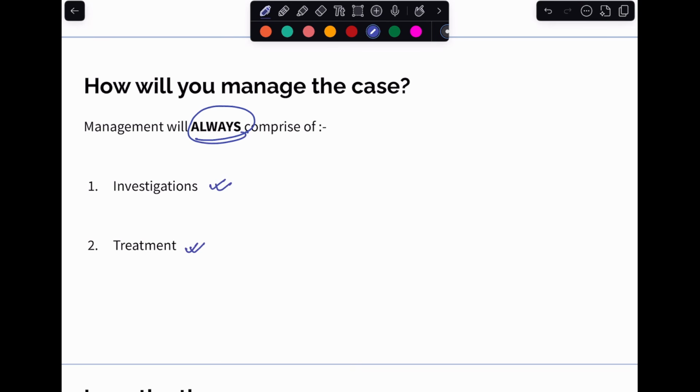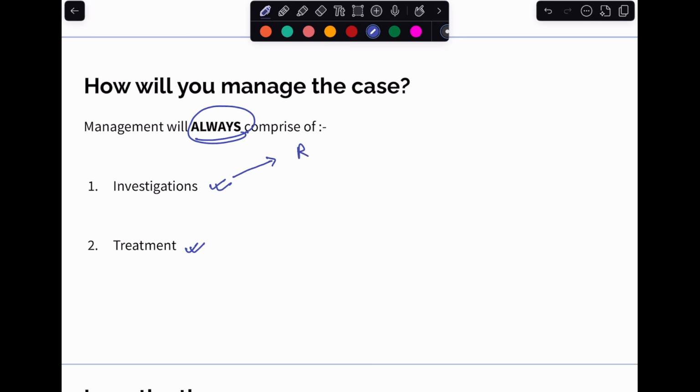So your answer should be, I will perform some investigations and then I will do these treatments. So you'll always have to talk about the investigations first and then move on to treatment. Both of them together form management of the patient. So first, let's talk about the different investigations that we will be doing.